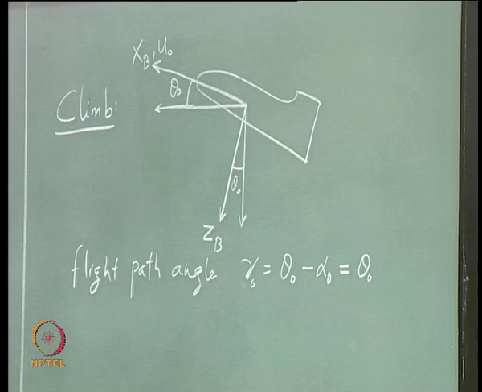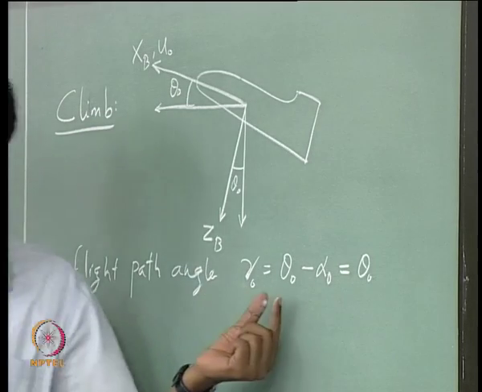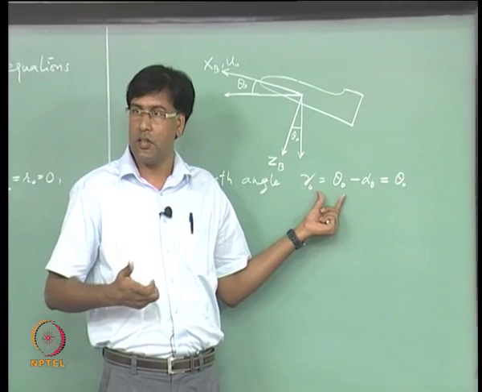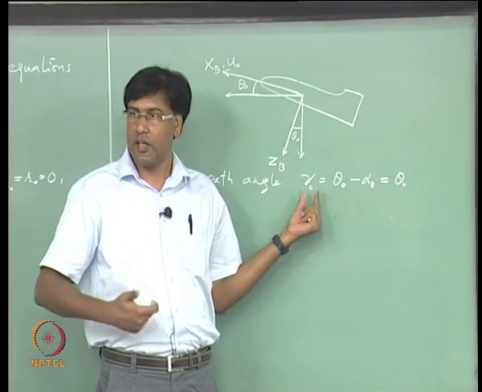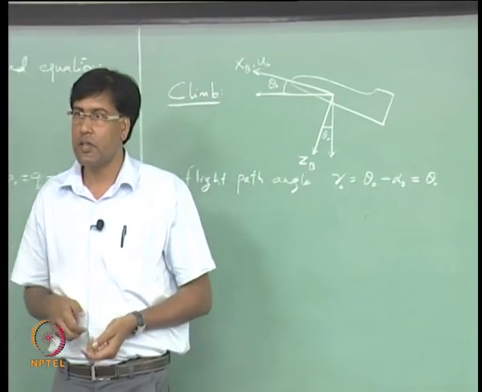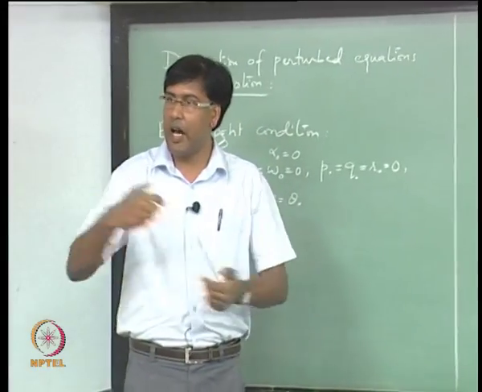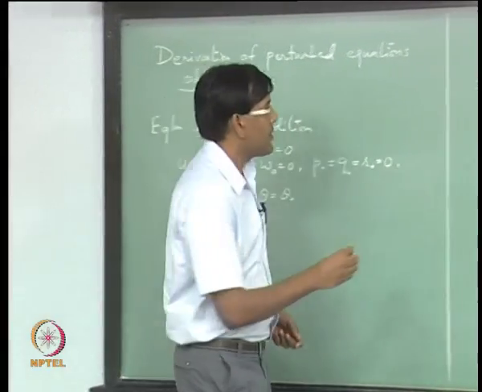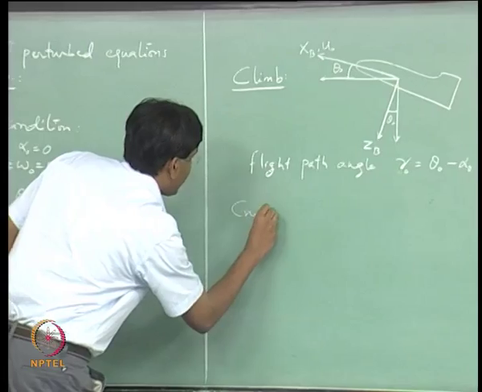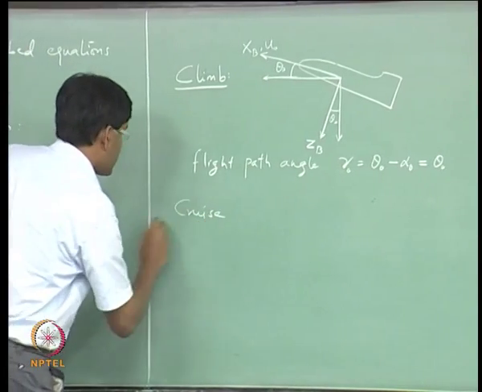If we have theta naught also 0, then gamma naught becomes 0, and then you have a cruise condition or level cruise condition.